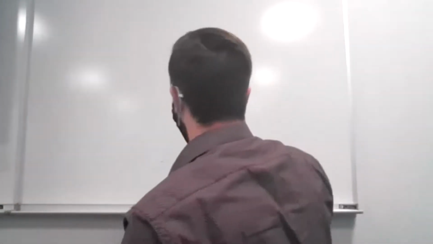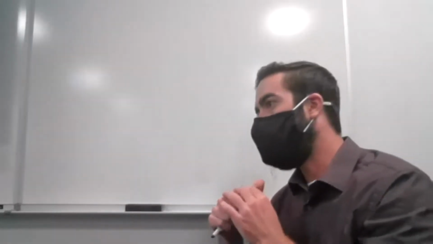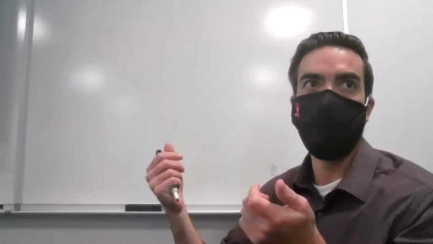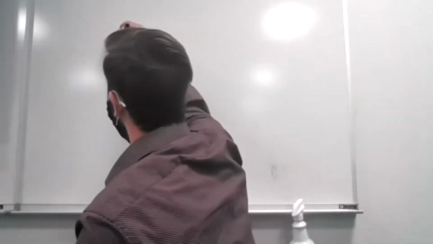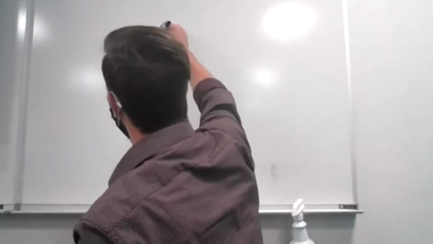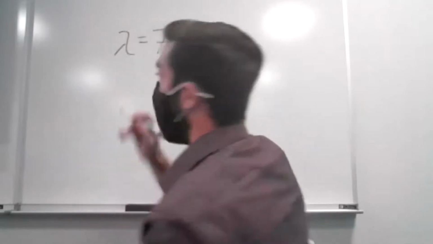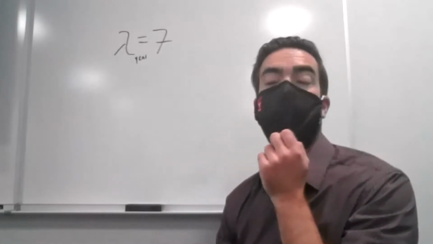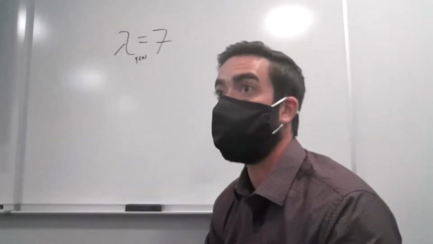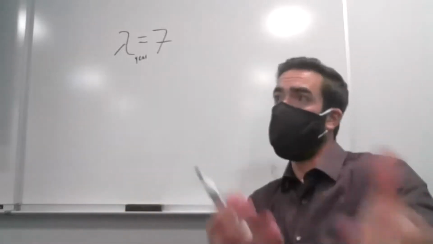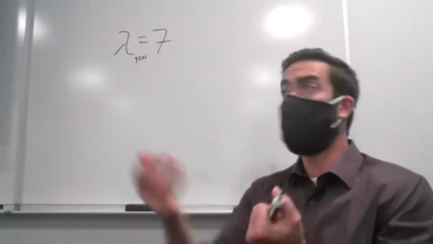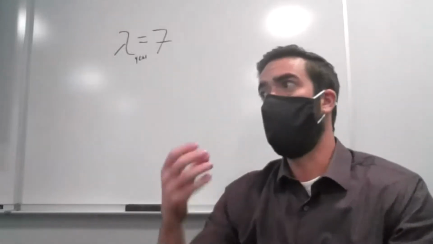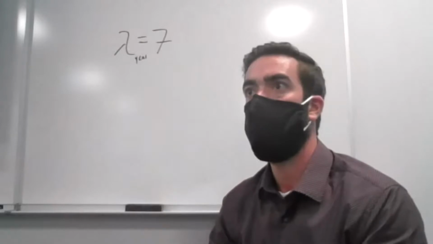Let's say that I tell you on average, the number of people that get eaten by sharks and killed every year is, I'm going to use some easy numbers, so these probably aren't accurate, but let's say it's 7. So this lambda is for a year. If I then asked you what's the probability that 10 people are killed by sharks this year, that should be pretty easy now, right? Because my x would be 10, my lambda would be 7. I look at that Poisson distribution equation, I plug in, and I'm good.